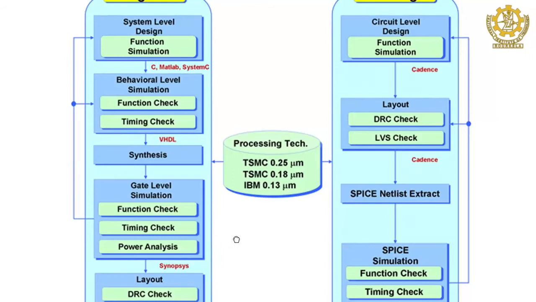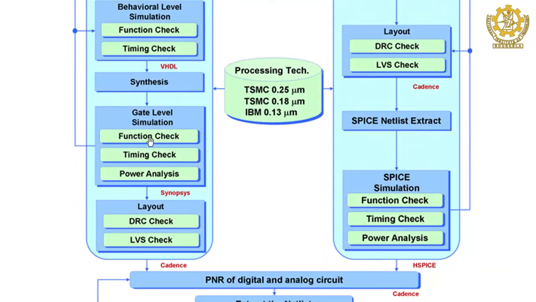Okay. Once you have the gate level netlist, there also you have to do a phase of gate level simulation. The literal meaning of synthesis is that any form of shape will come.